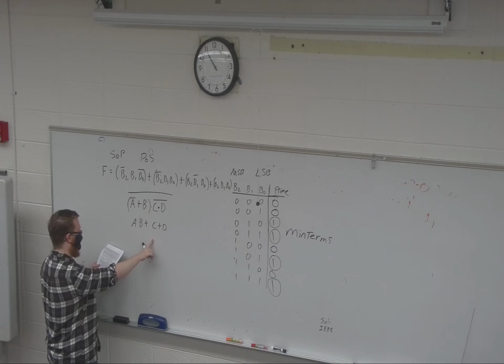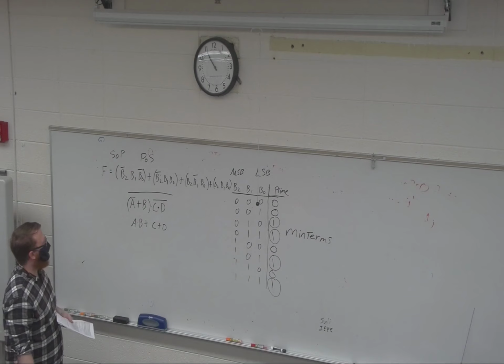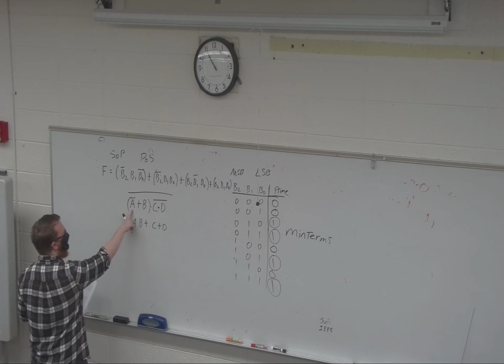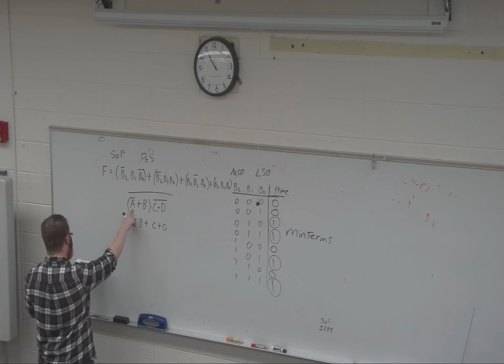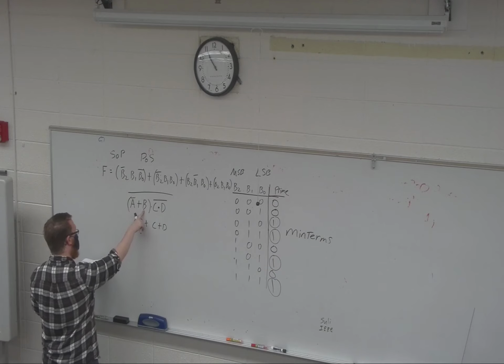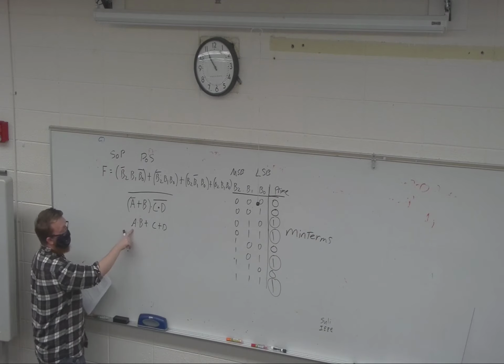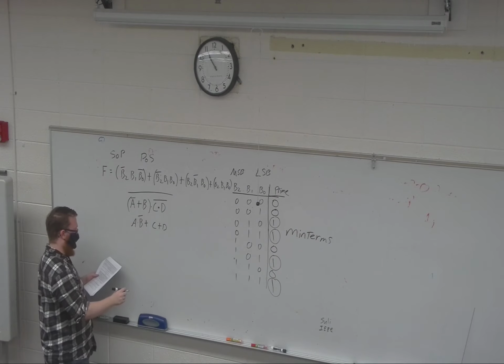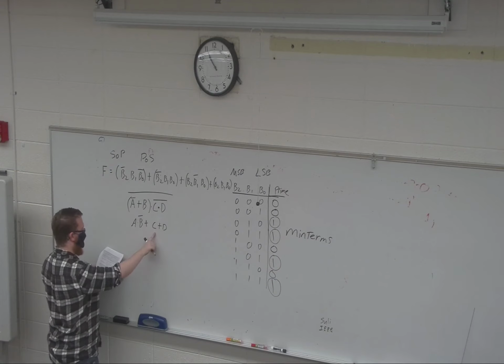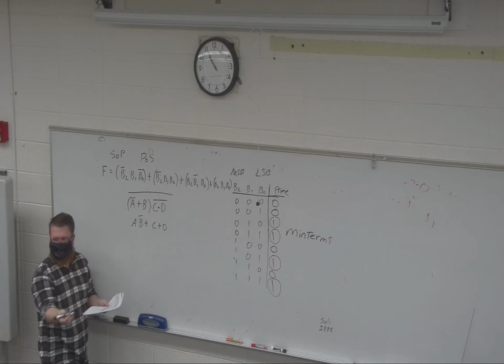Right? Oh, they're doing this a weird way in the book. Anyways, we have a not A and a B. So we need A to be true, right? And we need not B. And then we have not C or D. So we're going to make that not C or D, which is just C or D, right?